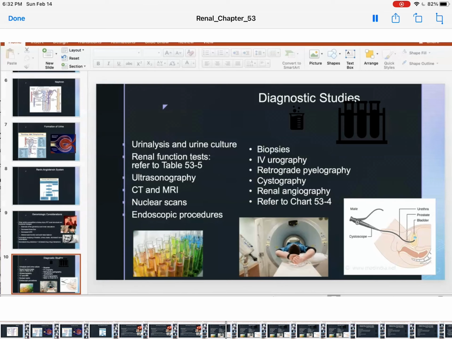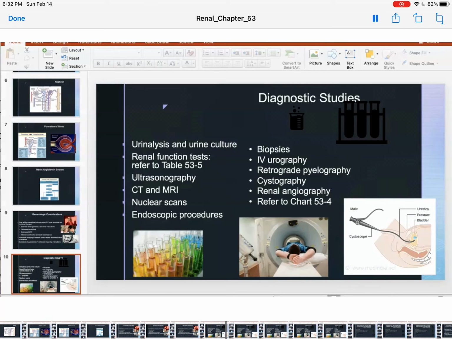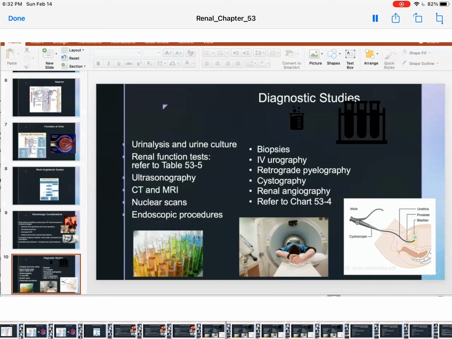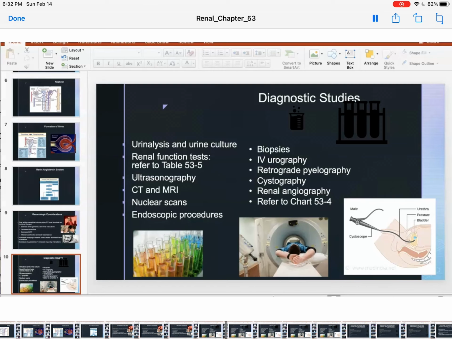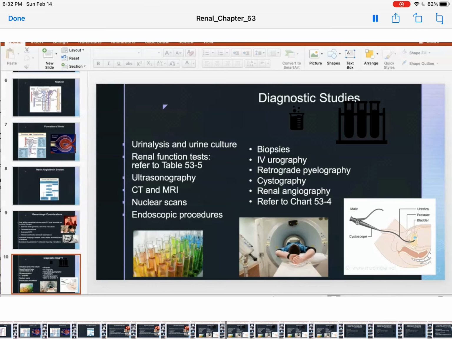They usually do a kidney, ureter, and bladder study, which altogether is called a KUB. And it's performed to look at the size, shape, and position of the kidney and to reveal urinary system abnormalities.